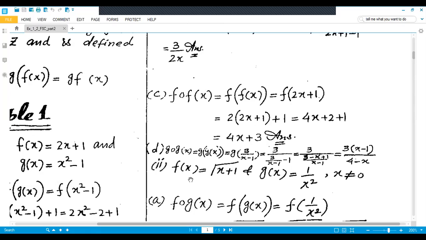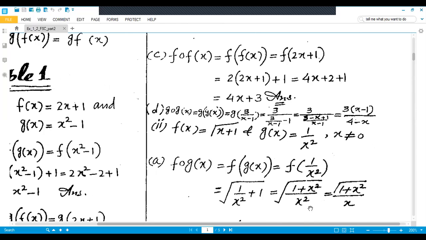So the functions are given: f of x is under root x plus 1 and g of x is 1 over x square. When you are given f of g of x, it means that in the function f of x, where you find x, you put the value of g of x. So f into g of x, and g of x is 1 over x square.